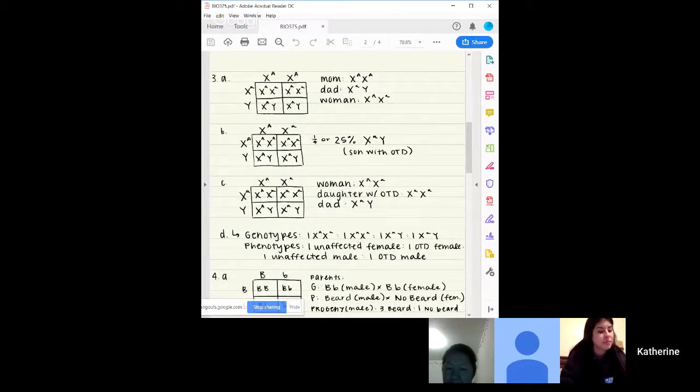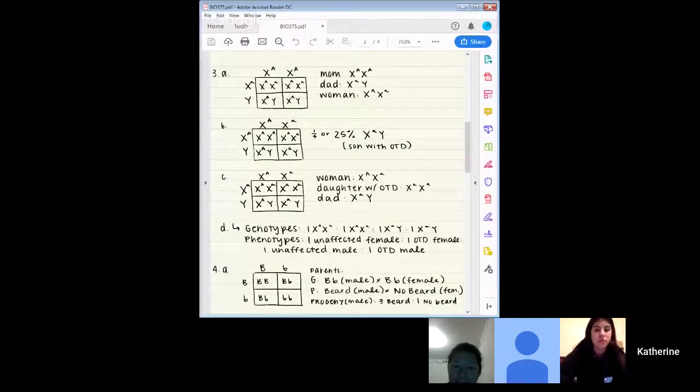Then starting at 3, a woman's father has an X-linked recessive disorder. The woman's mother is homozygous and is unaffected. What is the genotype of the woman's father? What is the genotype of the woman's mother?